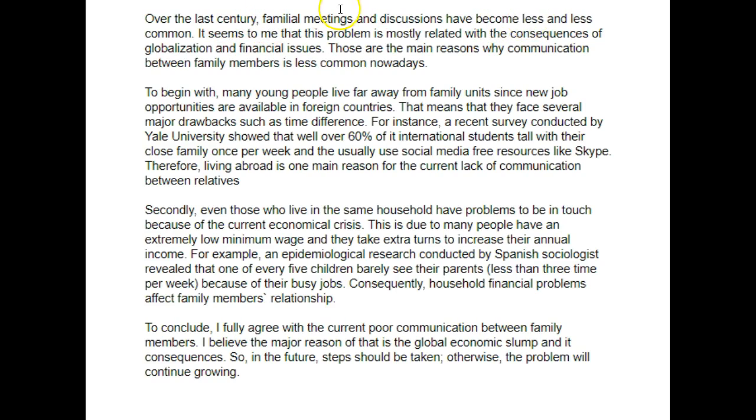Over the last century, familial meetings have become less and less common, or decreasingly common, or increasingly uncommon. It seems to me that this problem is mostly related with the consequences of globalization, also British English, and let's say mounting financial issues or modern financial issues.